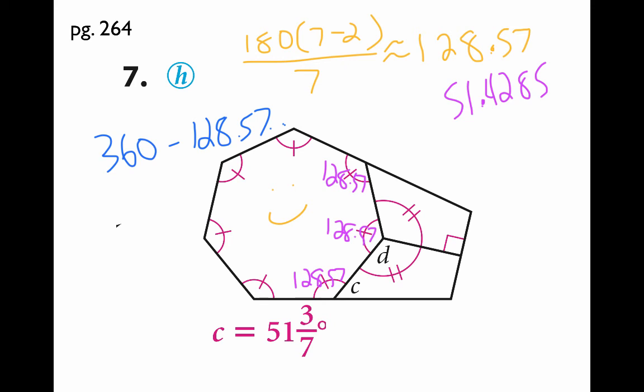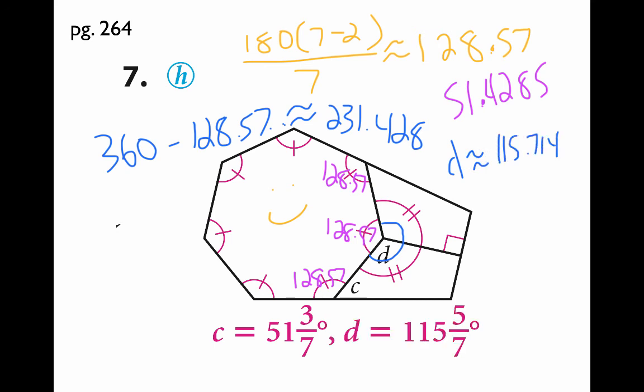And that'll be 360 take away 128.57 leaves 231.428. And that's the sum of these two angles. We're going to cut that result in half to get D, and that's approximately 115.714, and that's 115 5/7 in case you wanted to see it as a fraction.